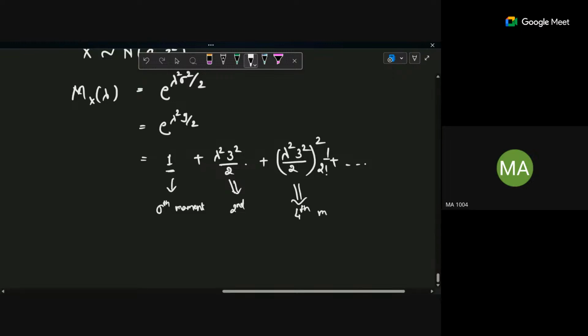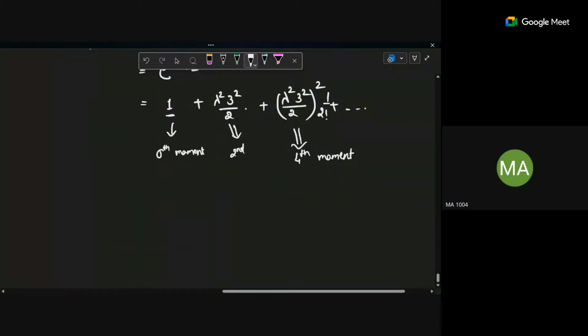So what is the fourth moment then? The fourth moment will be the coefficient of lambda power 4 upon 4 factorial.